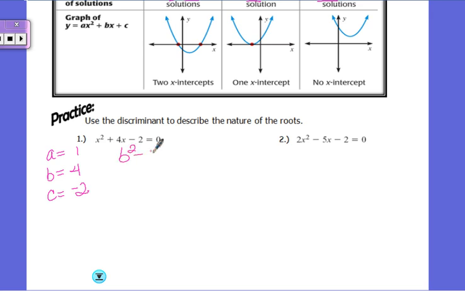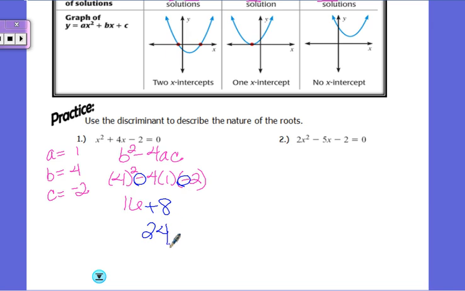We're going to do b squared minus 4ac. So you're going to have 4 squared minus 4 times 1 times negative 2. 16, again, you have a negative and a negative, so that'll become a positive. 4 times 2 times 1 is 8. So 16 plus 8 is 24.